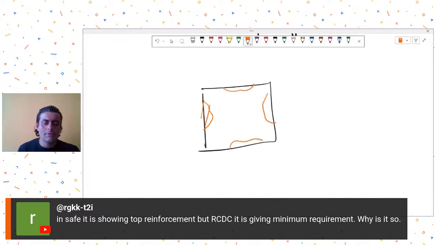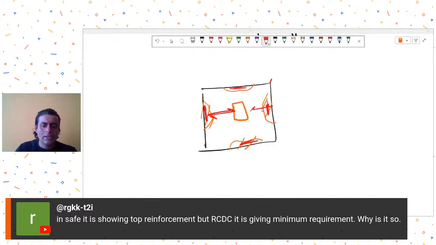Where you have large overhangs, there may be bending that SAFE observes in this direction because of the lower stiffness and large overhangs, and this may lead to some reinforcement that SAFE shows at the top also. So that happens.